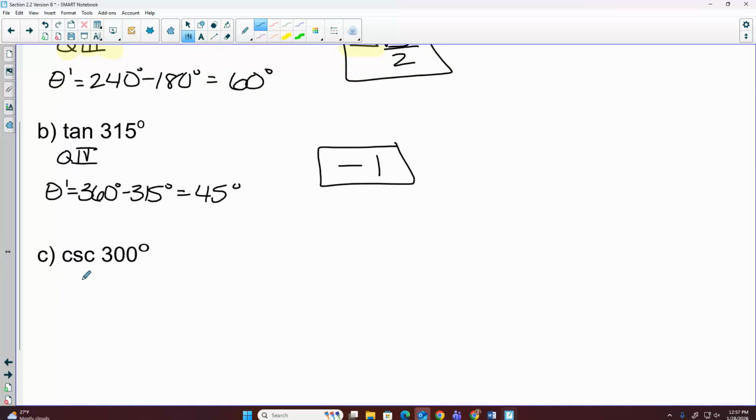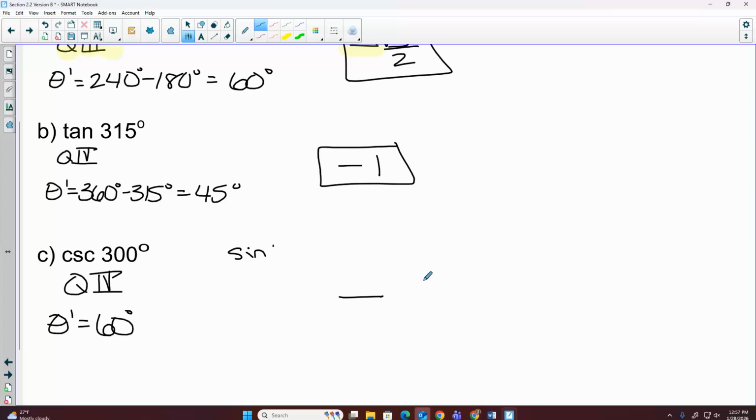Cosecant of 300 degrees. What quadrant is 300 in? So reference angle, 360 minus 300 is 60. You might need to take a second and think. The reciprocal of cosecant is what? Sine. So let's think about the sine for a moment. In quadrant 4, is sine positive or negative? Negative.